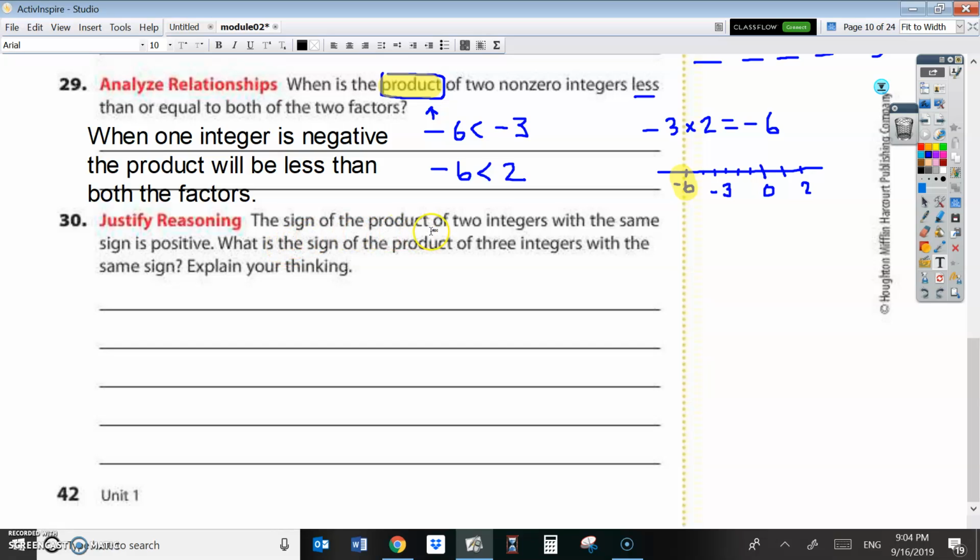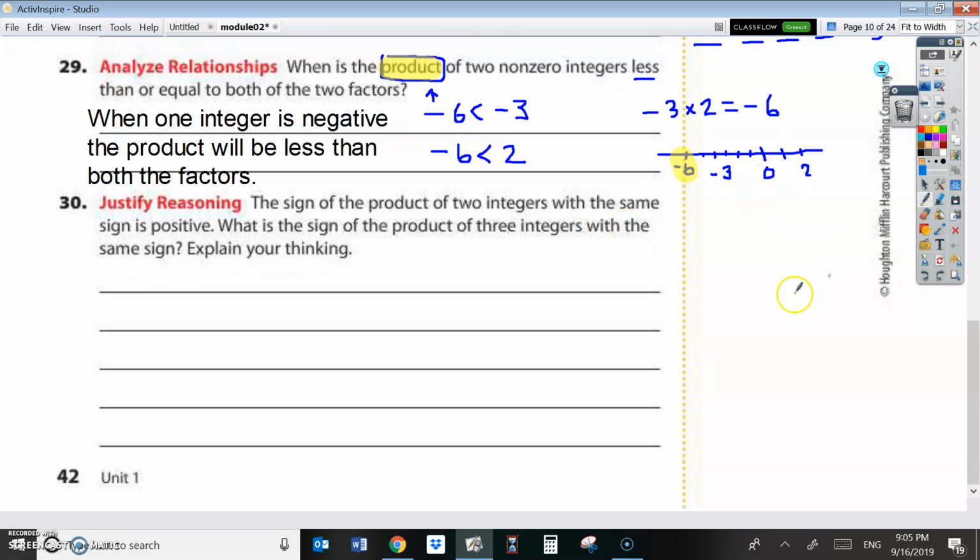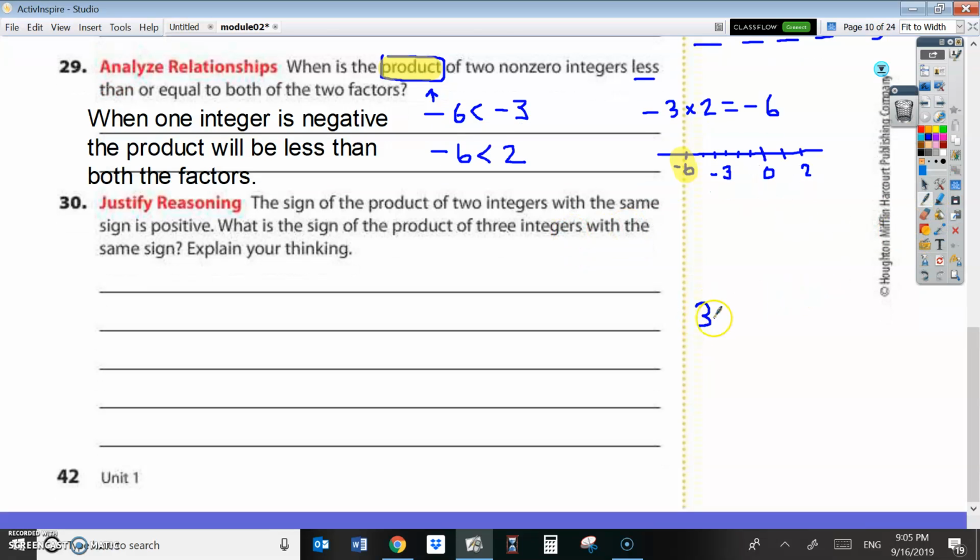The sign of the product of two integers with the same sign is positive. Okay? What is the sign of the product of three integers with the same sign? So if you have 3 times 3 times 3, you get 27.